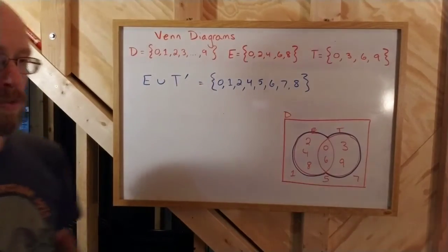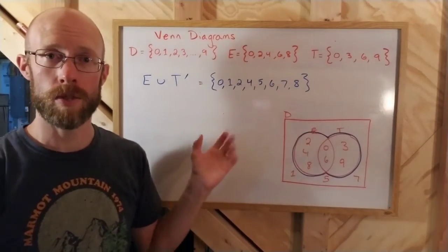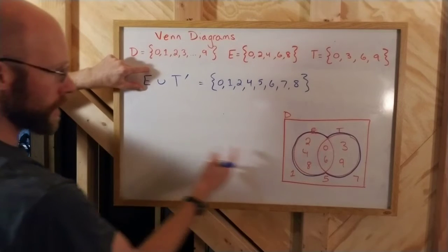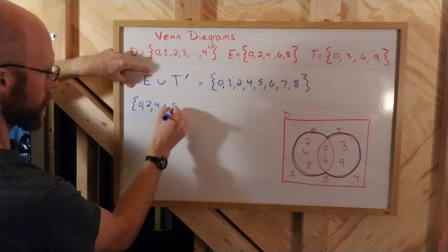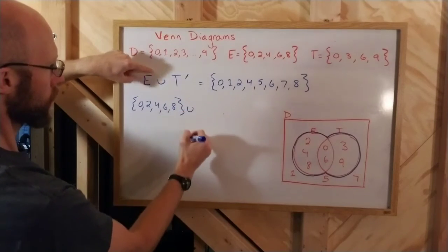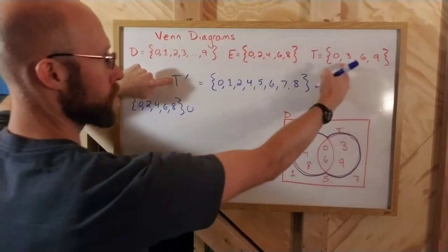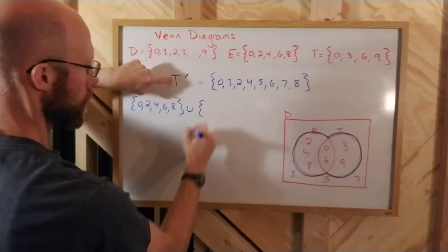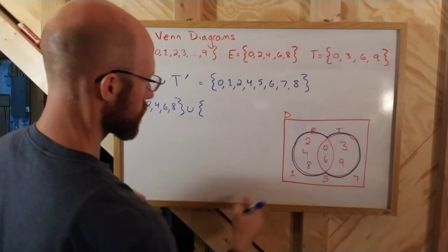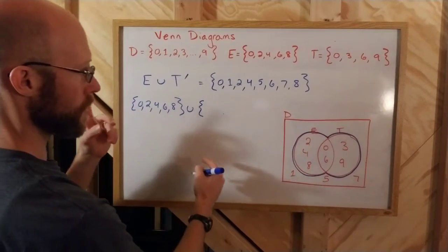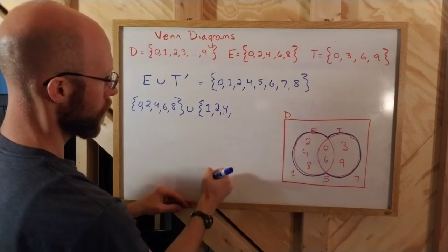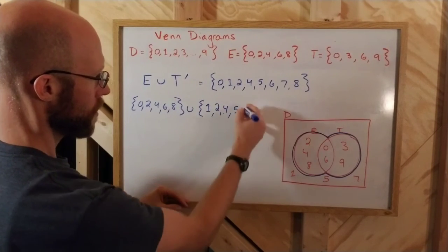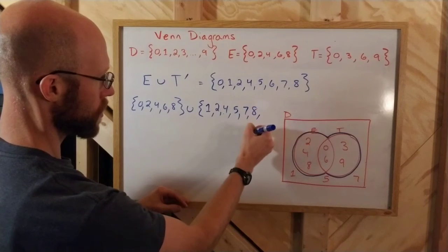Okay. If I was doing this off of the roster notation, I'd take set E, which I know to be 0, 2, 4, 6, 8. Union that with T complement. Now T is all multiples of 3. T complement then is anything not a multiple of 3, which is 1, 2, 4, 5, 7, 8.